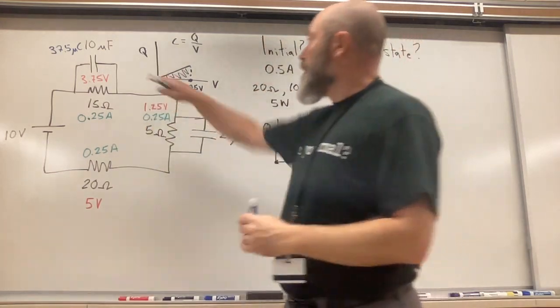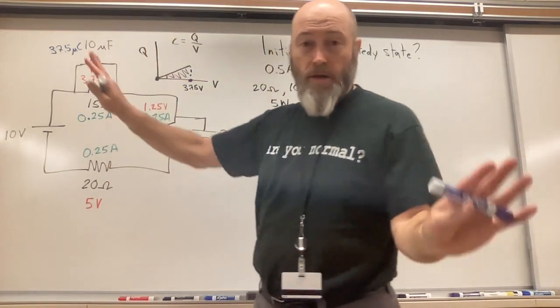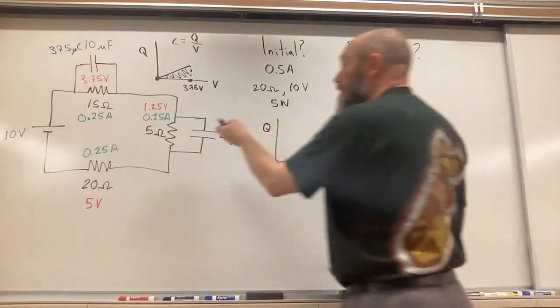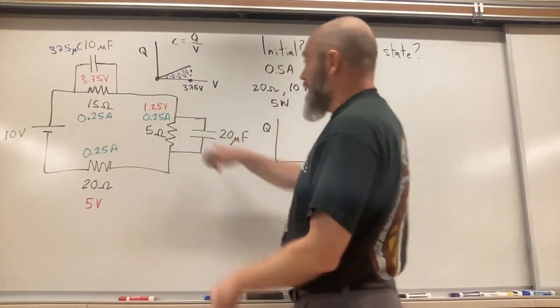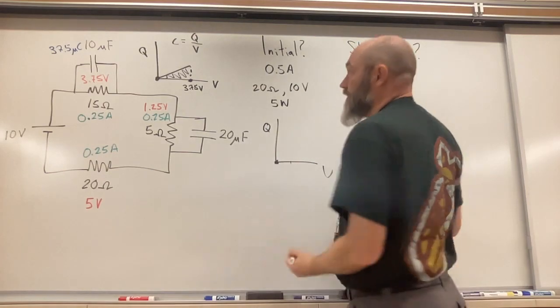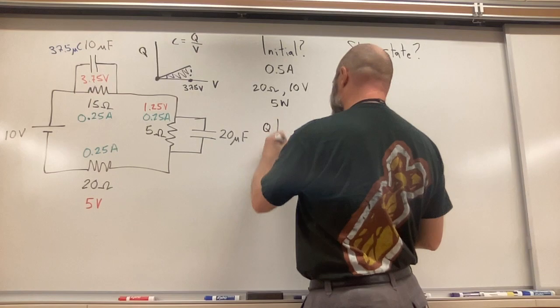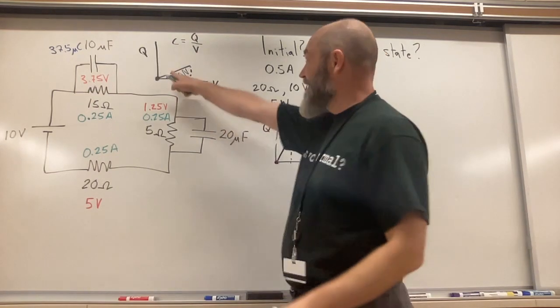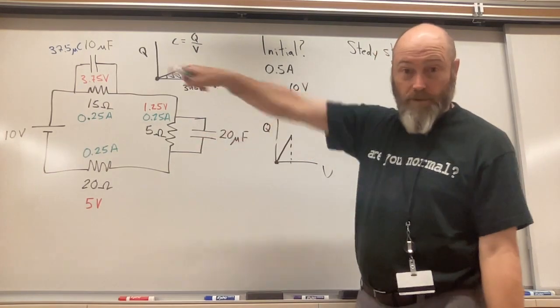And if you found the area here, 1/2 base times height, that would be the energy stored in that capacitor, okay? Hopefully that makes sense. For this one, this one is only going to charge to 1.25 volts, so it's only going to charge to here, but the slope has to be twice as steep. Why? Because the slope is the capacitance, and this capacitance is twice as much as that one.